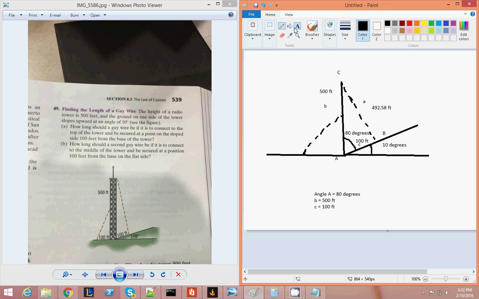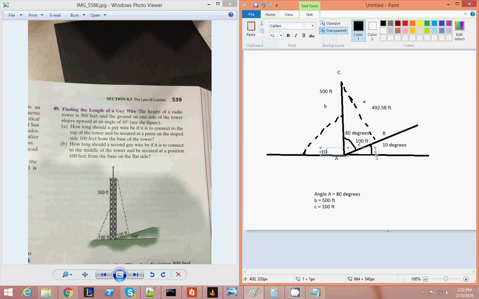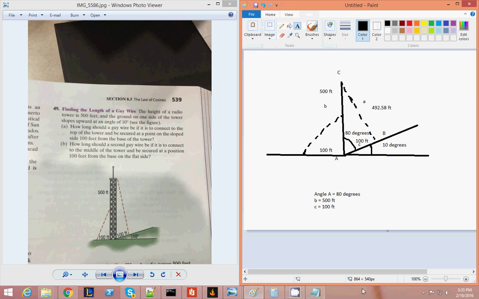We have 90 degrees. So we could use the law of cosines on this side, but not just use the Pythagorean theorem since we have two sides already, and it's a 90-degree triangle. So let's apply the Pythagorean theorem, which is a squared plus b squared is equal to c squared.